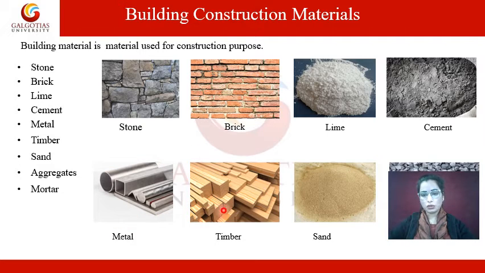Timber is a natural available material. Sand can be natural, which is known as river sand, but in this image you can see an example of artificial sand. And next is the aggregate. So these are some different types of material which are used for construction purpose.